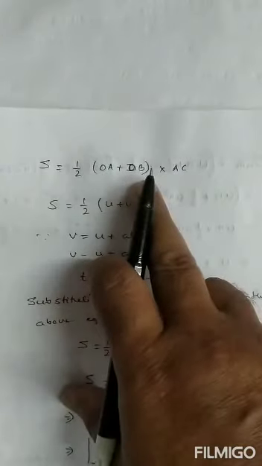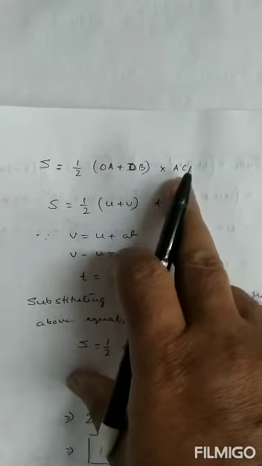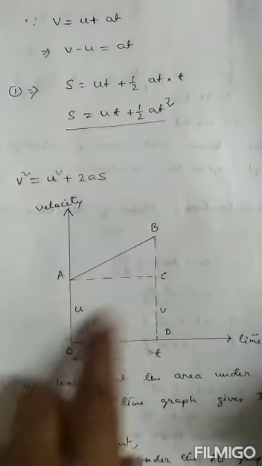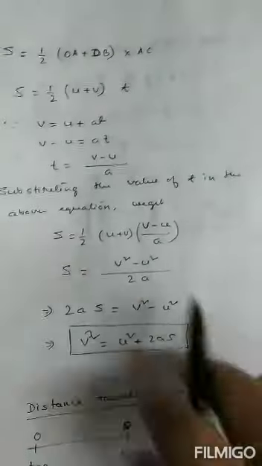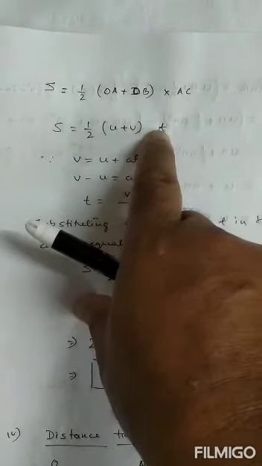Half into the sum of two parallel sides into the separation between them. Separation is AC. So half into U plus V into T. AC is equal to OD is equal to T. Therefore, we get S is equal to half U plus V into T.